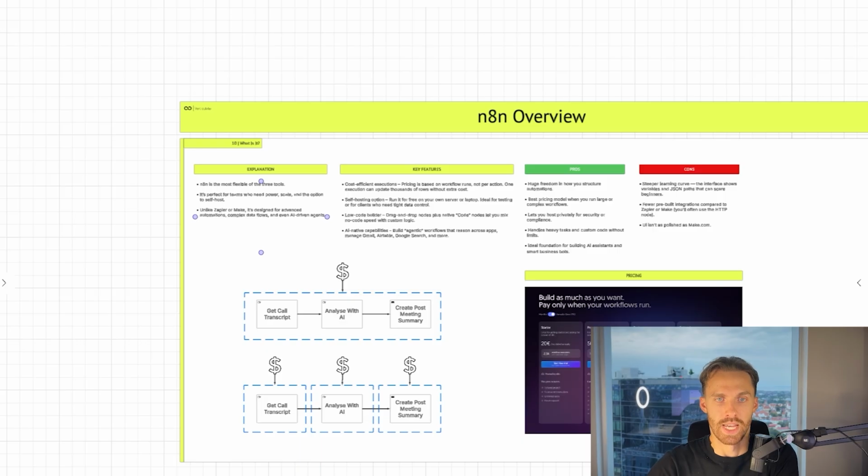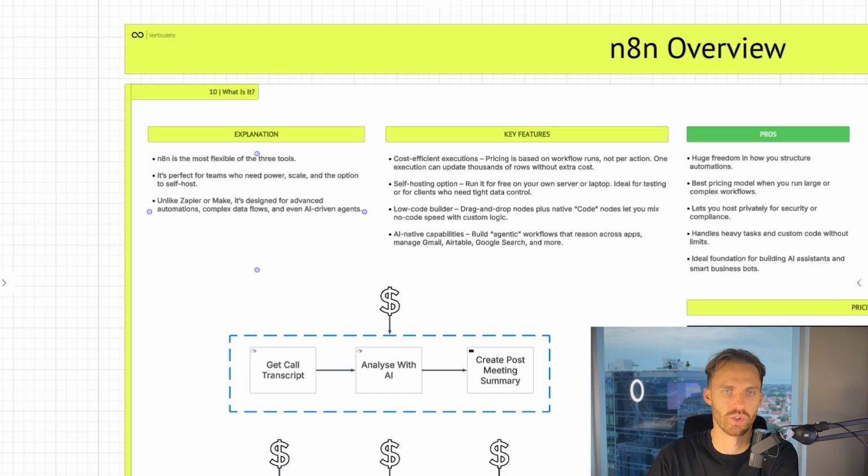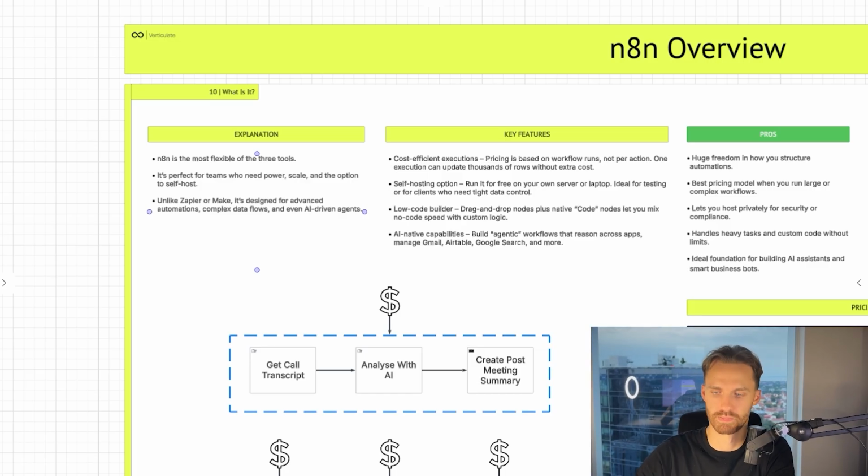n8n is going to be the most flexible, but also the most complex out of all of these tools that I just described today. And it's going to be the perfect solution for when you want to build a lot of complicated automations, run a lot of custom stuff in there, and also potentially self-host it.